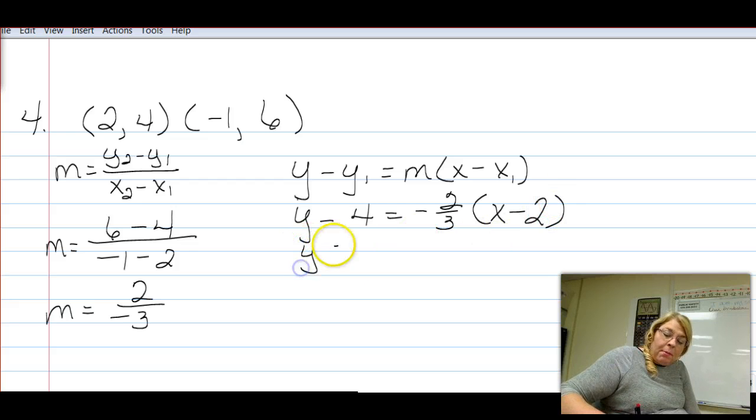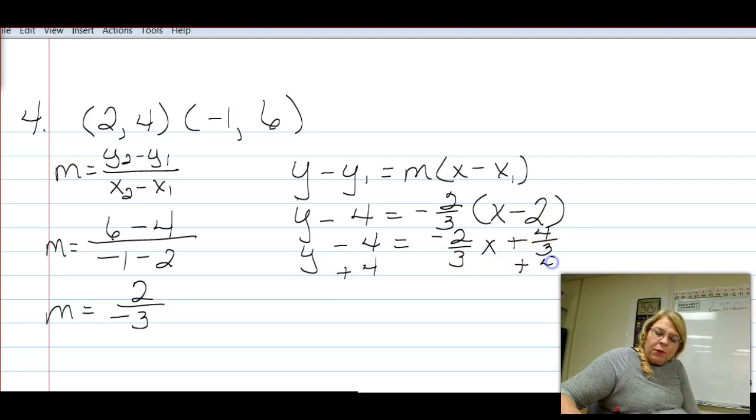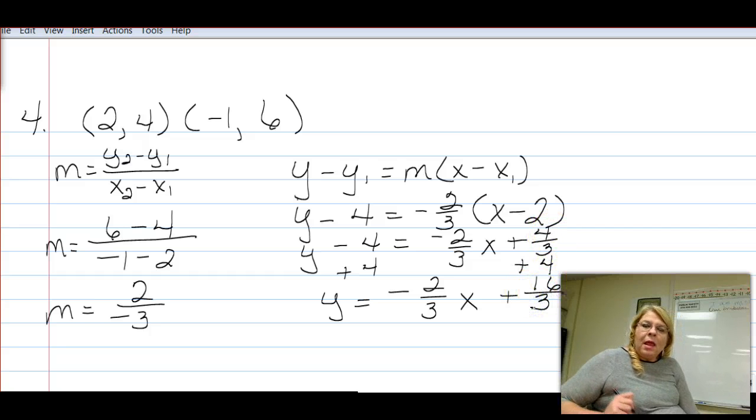This gives me y minus 4 equals -2/3 x plus 4/3. I need to add 4 to a positive 4/3. I will put that in my calculator and I get y equal -2/3 x plus 16/3.